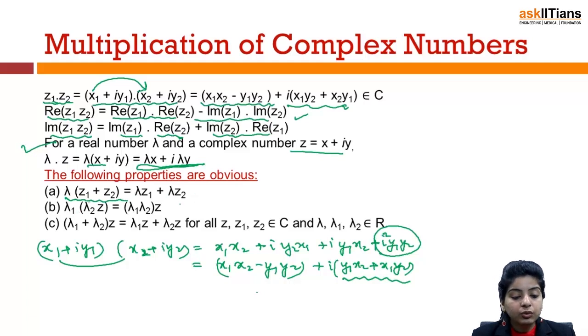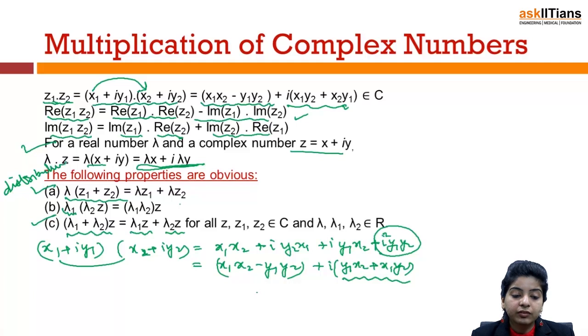Lambda 1 into lambda 2 z is lambda 1 lambda 2 z. So whether you multiply lambda 1 by lambda 2 into z or you multiply the product of lambda 1 and lambda 2 by z, the result in both the cases would be same. And then I have lambda 1 plus lambda 2 into z is lambda 1 z plus lambda 2 z. In fact, if we talk of all these three properties in particular, then this property and this property are special cases of distributive law, right?